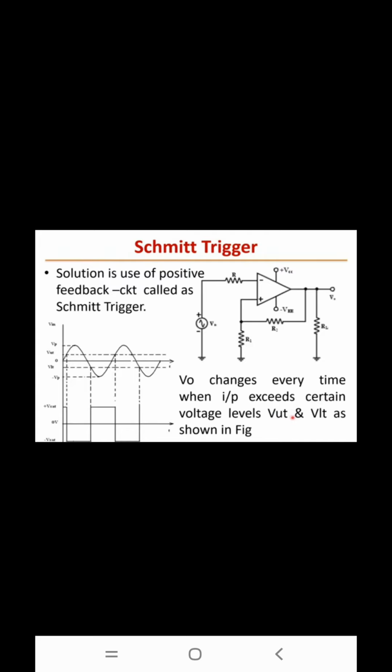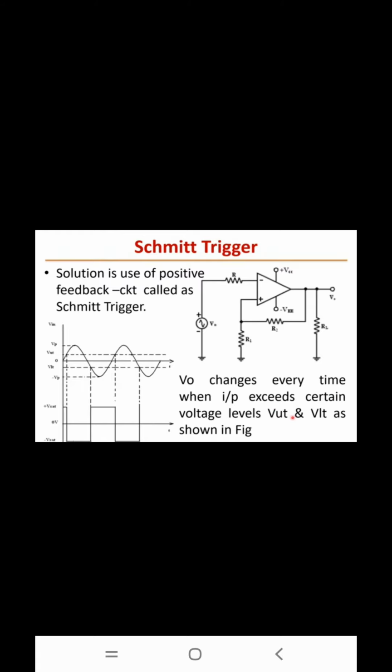The voltage across R1 is a variable reference threshold voltage that depends on the value and polarity of the output voltage V0. When V0 is equal to plus Vsat, that is saturated positive, the voltage across R1 is called the upper threshold voltage, VUT.